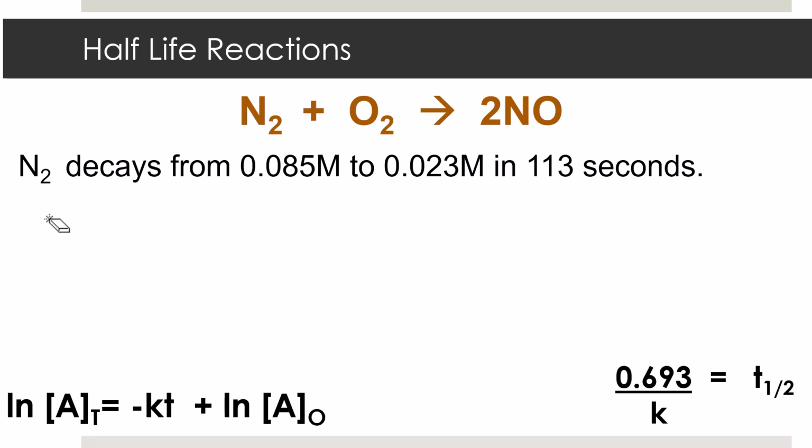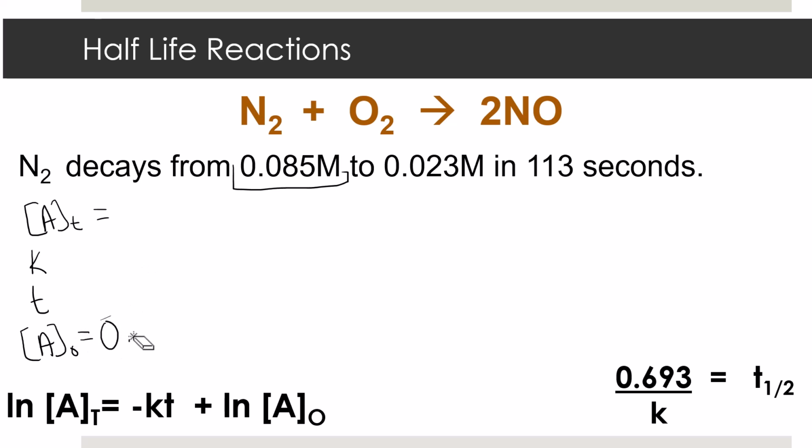So let's take inventory of what we know and see what we're trying to solve for. We have the concentration of A at time t, k, t, and then the concentration at time 0. I know N2 decays from 0.085 to 0.023, so I actually do know both of the concentrations in this case. This is going to be our initial concentration.